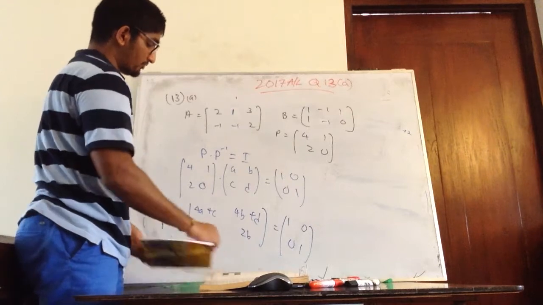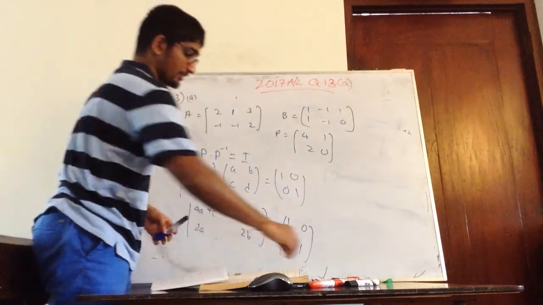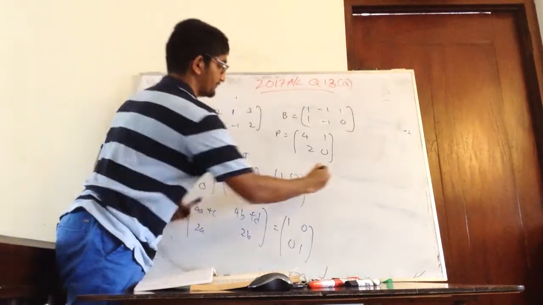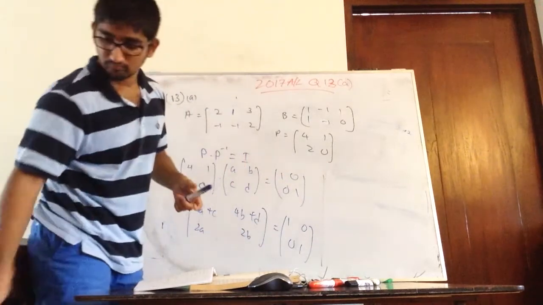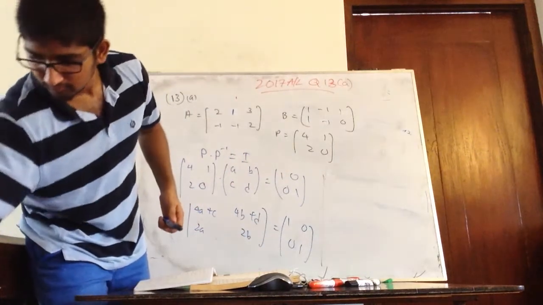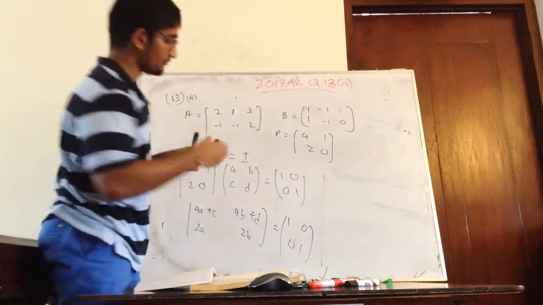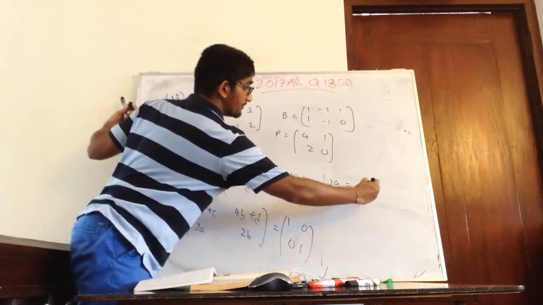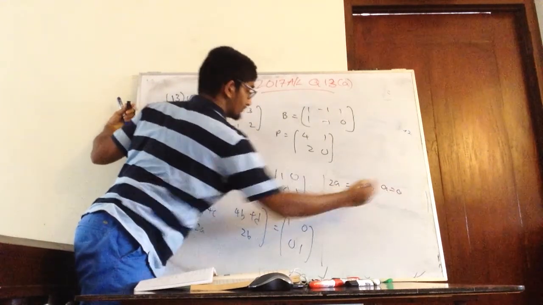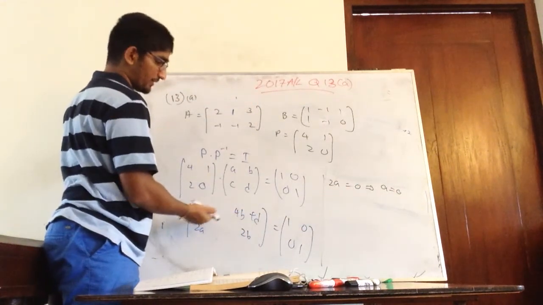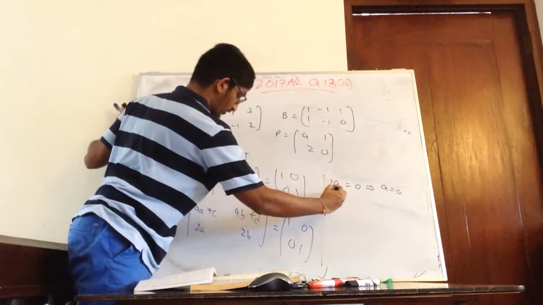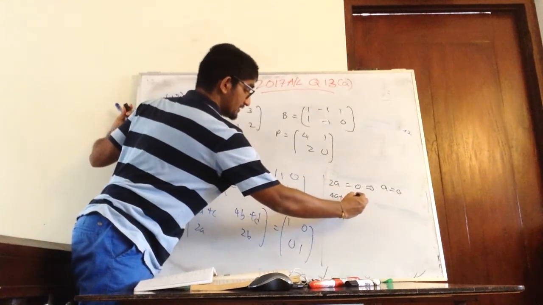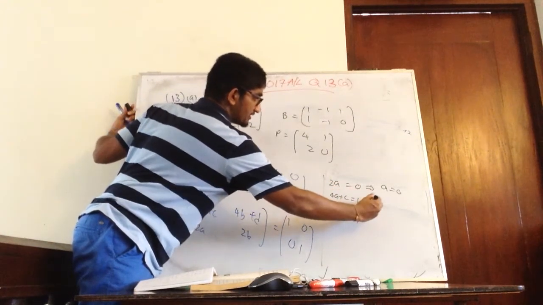So you get A as 0 no? Because if you compare these, you get what? 2a equals 0. That means a is 0. Here you will get 4a plus c is 1. So a is 0. That means c is 1.